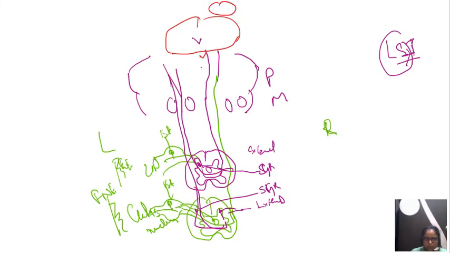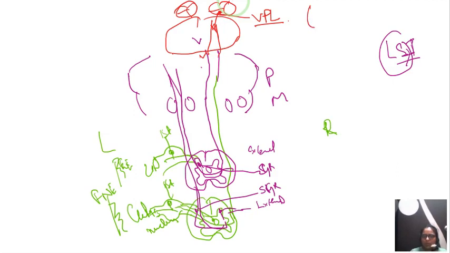Here we have the thalamus. Remember the egg-shaped structure on both sides. For example, I am talking only about your left side, right? So it is coming here, crossing this, and terminates in the VPL nucleus, ventroposterolateral nucleus. Fine.